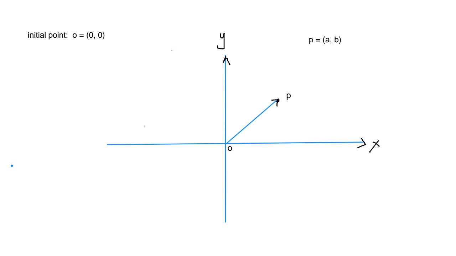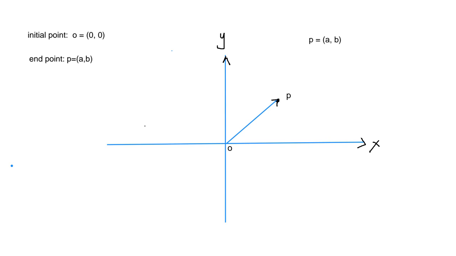Right? And my endpoint, how do I know that P is my endpoint? Because I put an arrow on top of this P. So I call that one the endpoint. So P is my endpoint, which is A, comma B. So how do I say OP as a vector?